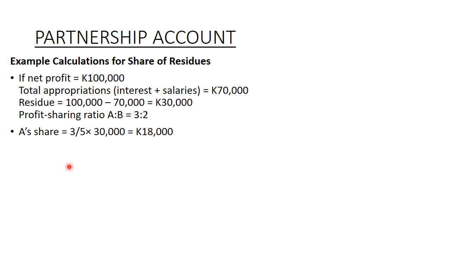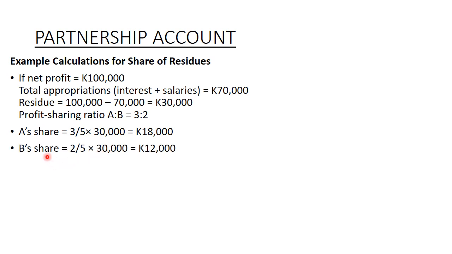So for A, the ratio for A is 3, right? So you write 3 over the total 5. You get A's number 3 over the total 5. You multiply by the residual 30,000, which gives us 18,000.